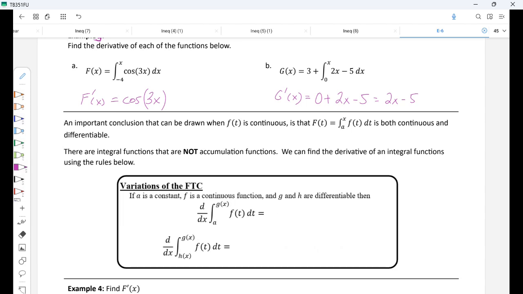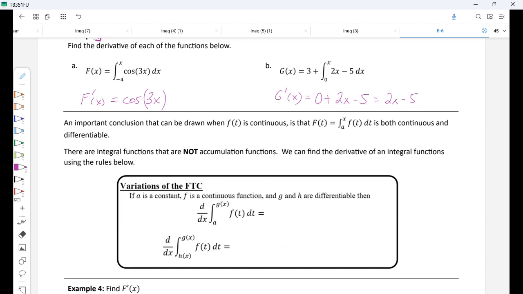F prime of x has values everywhere. There's never a time where you won't be able to get a value for f prime of x, which means that f prime of x always exists. So capital F of x is differentiable because this is continuous. Same thing here. Capital G of x is differentiable because 2x minus 5 is continuous.